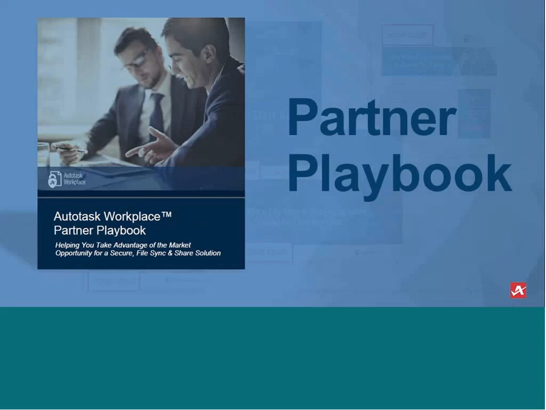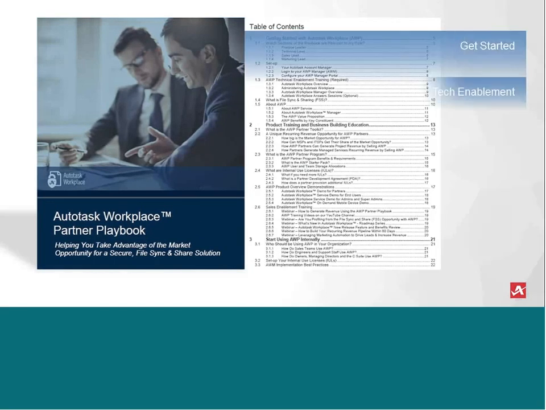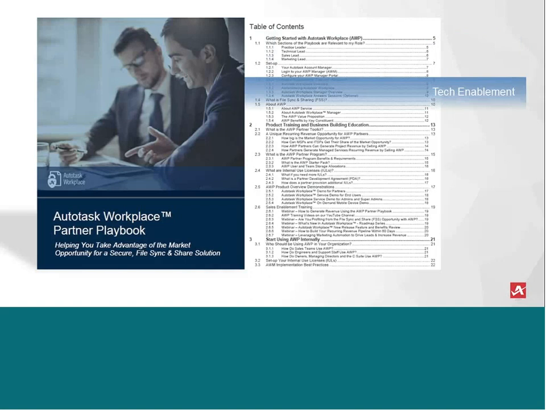And ultimately, it's the partner playbook that wraps all of this together. This truly is your single point of reference to help you get onboarded, help you get enabled, and get you selling and supporting Autotask Workplace. These are some of the key sections that I just want to call out if you haven't already done some of these things. Technical enablement is so important, and we ask that every partner delegates at least one resource to go through our series of 3 technical live training sessions.